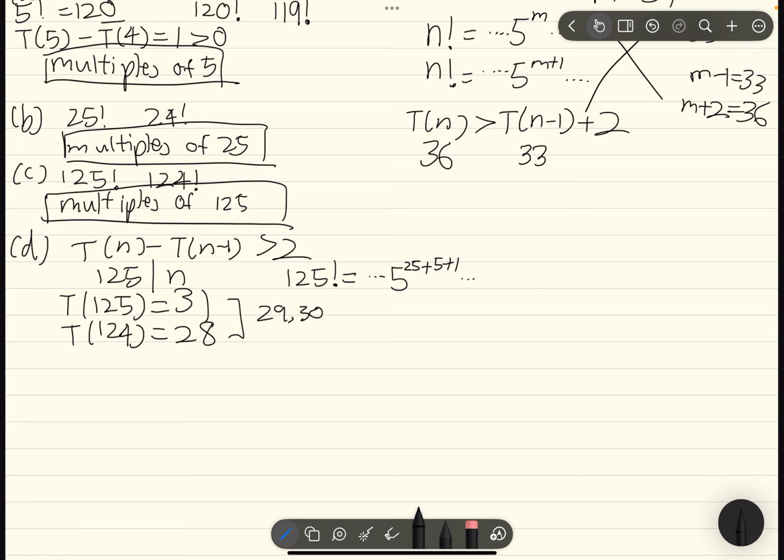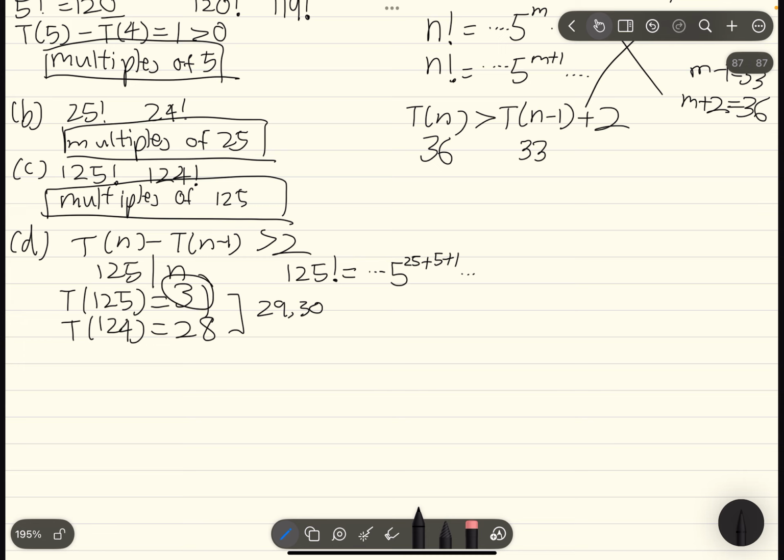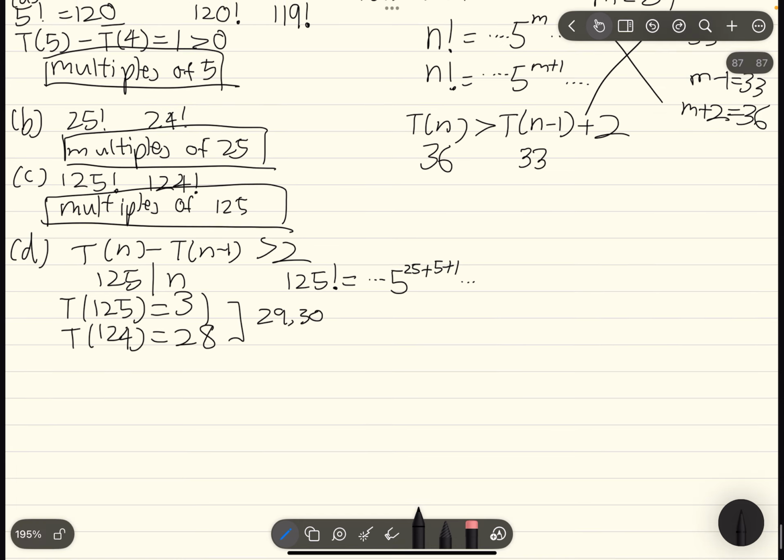Essentially, when this number is bigger than or equal to 125, you will only get more than or equal to 31 terminal zeros. If this number is less than or equal to 124, you will only get numbers of terminal zeros that are less than or equal to 28. So you skip 29 and 30. So that's m and that's m plus 1. So one value of m is 29.